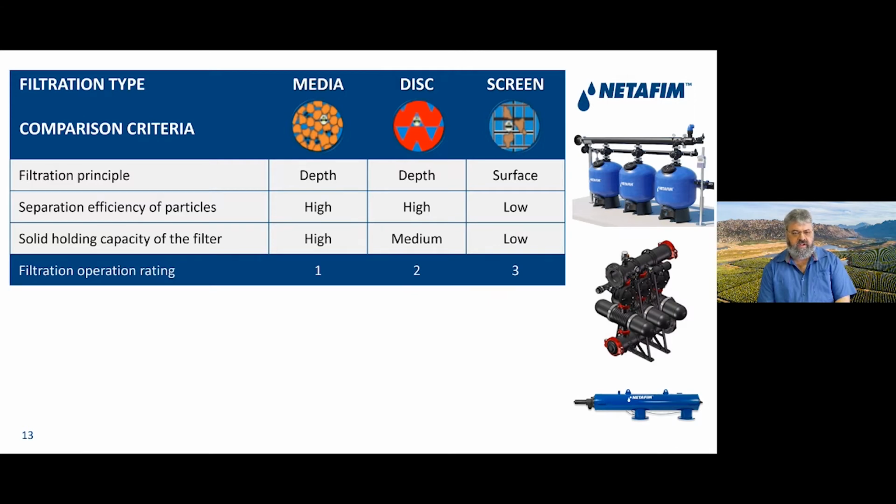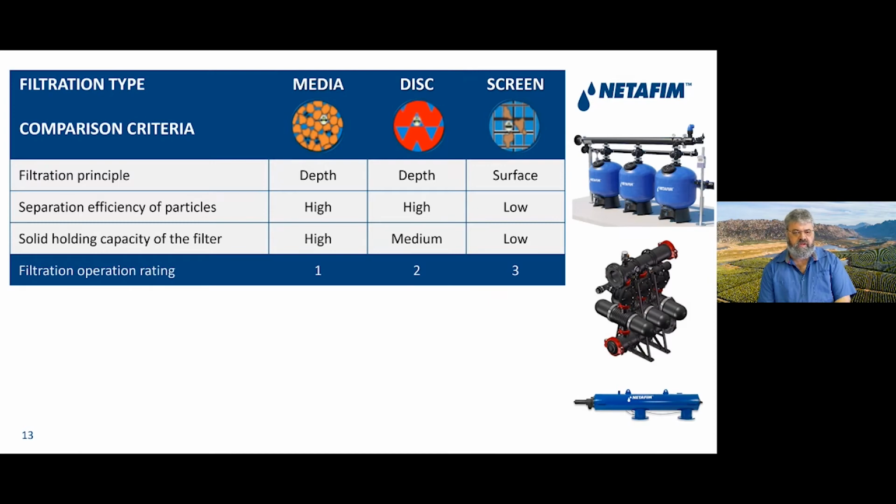If you take a sand bed, you have a sand depth of about 400 millimeters, and the water will pass from the top, move through the sand bed, and then go out at the bottom with a special mushroom configuration.